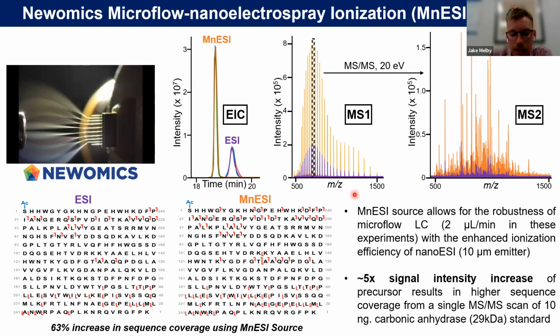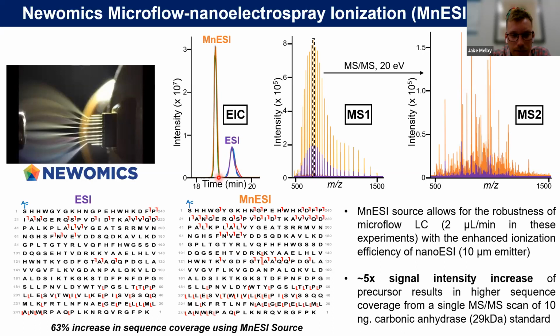When I first got the source and emitters, I was performing LCMS using a protein standard, carbonic anhydrase. It's about 30 kilodaltons, so it's a great standard to work with for top-down proteomics. I was doing a baseline characterization comparison with our previous ESI source, and as you can see from the extracted ion chromatogram, we're getting about a 5-fold increase in our signal.